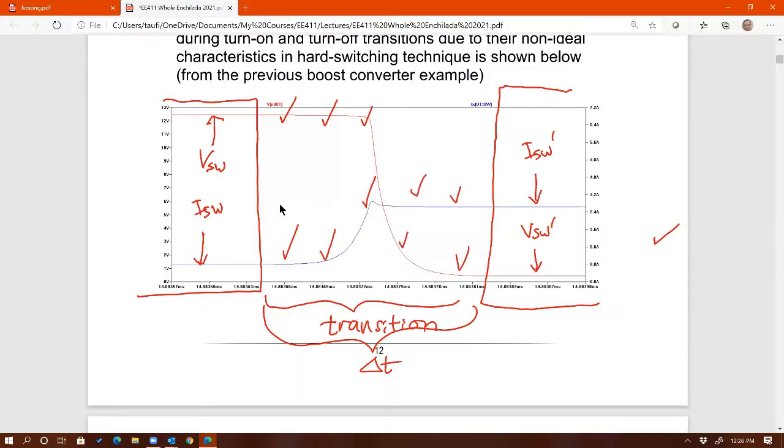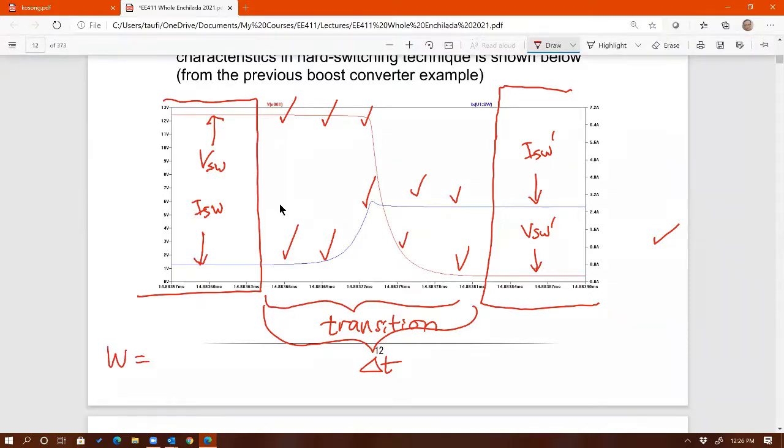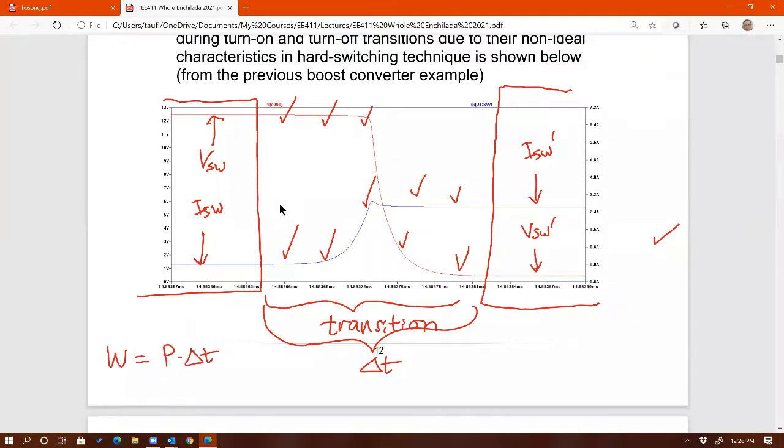And so this power occurs for delta t. That gives us what we call energy, P times delta t. So this is the energy that we sacrifice, basically, to do the transition.